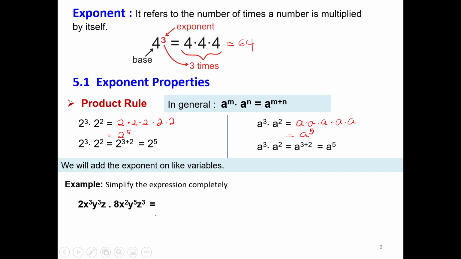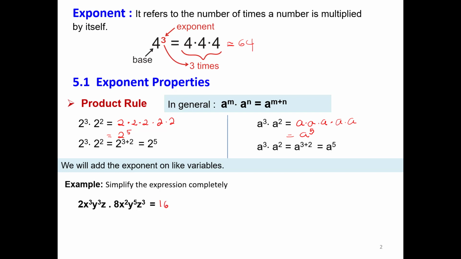Let's try to apply the product rule to this problem. If we have numbers, we multiply the numbers: 2 times 8 equals 16.